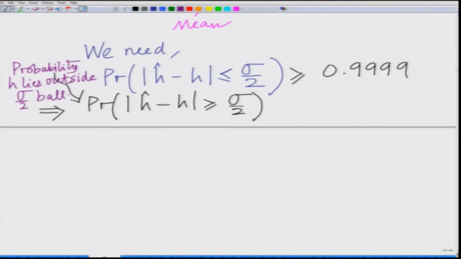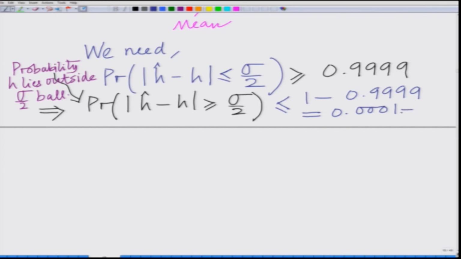Naturally, if magnitude h hat minus h is less than or equal to sigma by 2, it lies inside the sigma by 2 ball, and if it is greater than or equal to sigma by 2, it lies outside. So the probability it lies inside is greater than or equal to 0.9999. It means that the probability it lies outside has to be less than or equal to 1 minus 0.9999, which is equal to 0.0001.